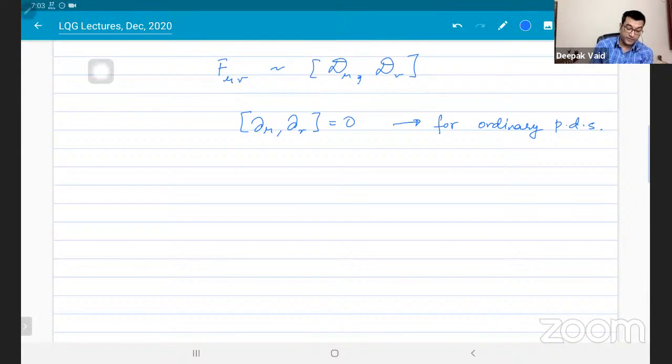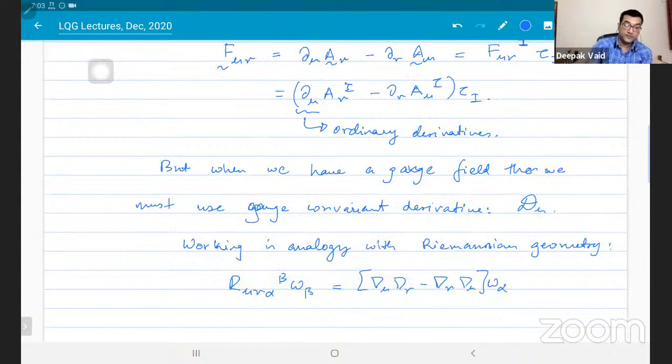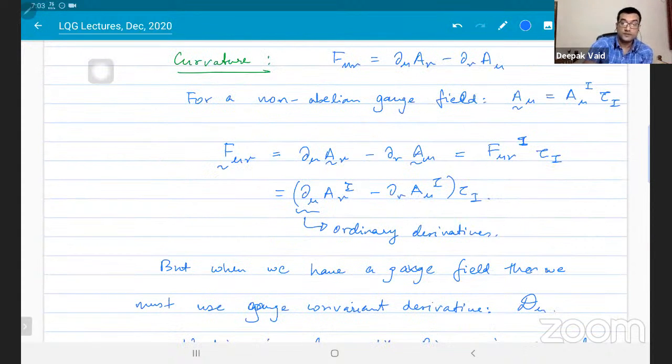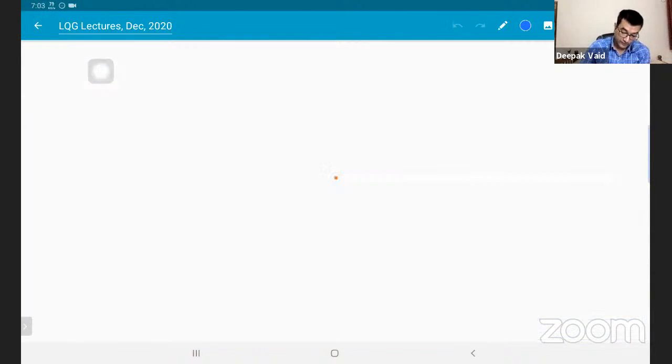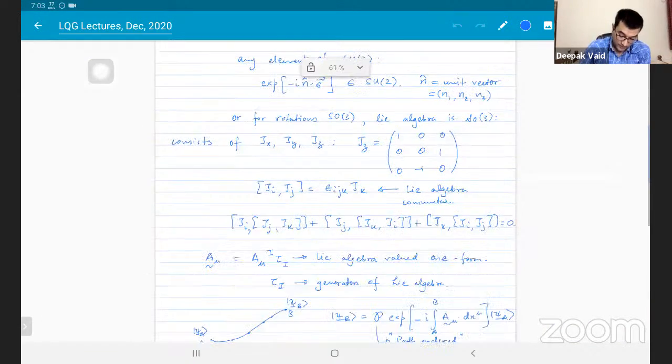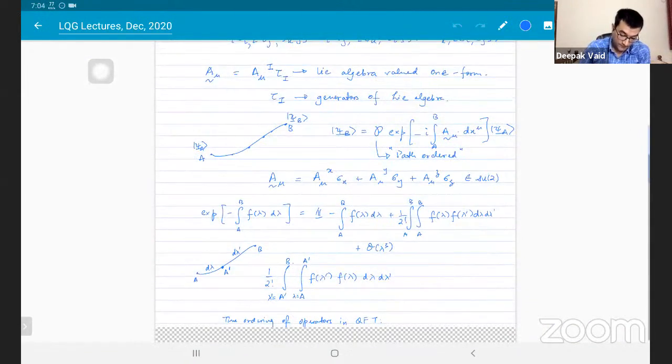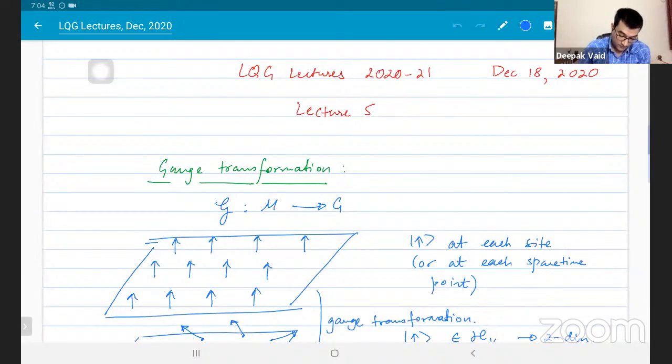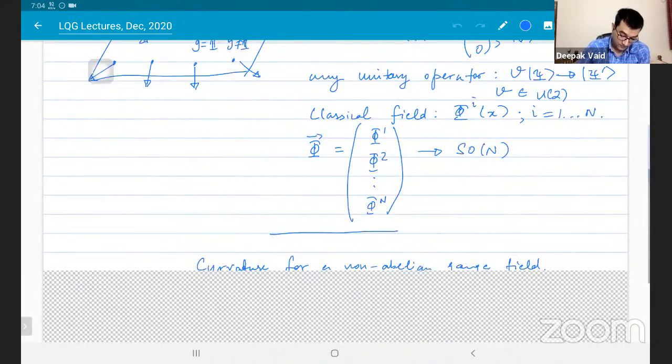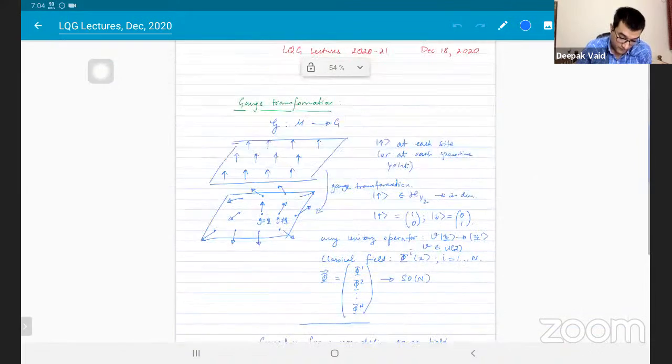But what happens when we take our covariant derivative? So let's look at this guy, D mu. Again, expanding this out, what is the definition for this covariant derivative?